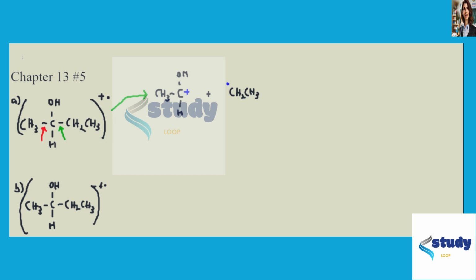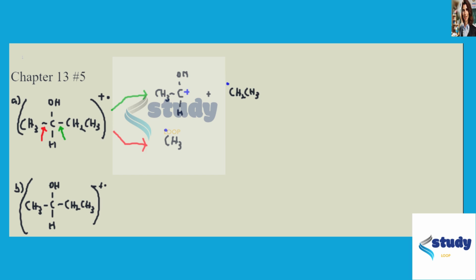If we were to cleave the other bond via alpha cleavage, the red arrow, that's going to give us a set of products that look like this. Actually, I'm going to draw it this way just because it's easier. There's our CH3, which is going to have the radical on it, so this carbon will be bearing the radical now.